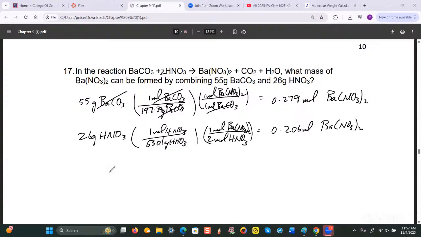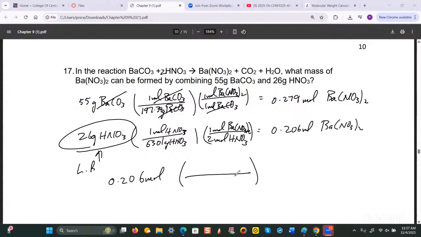Determine the limiting reactant, which will be HNO3. Okay, so that's the limiting reactant. And then what? Because the question is asking how much product, how much barium nitrate you expect to get. Multiply 0.206 by its molar weight.